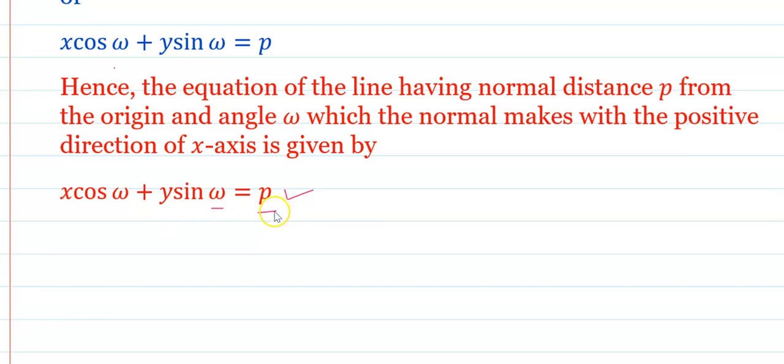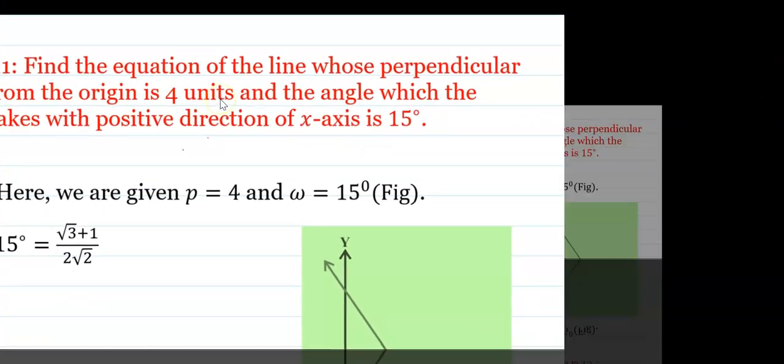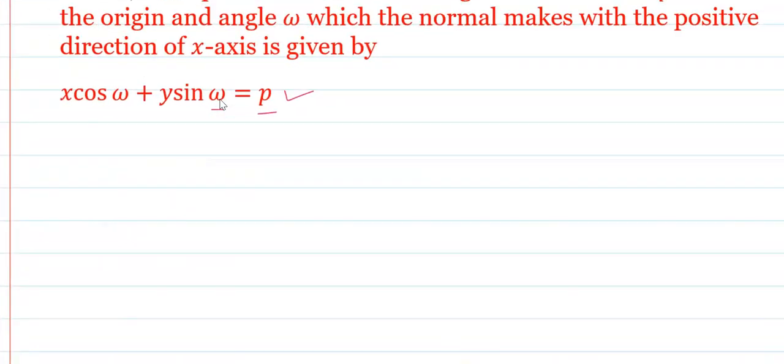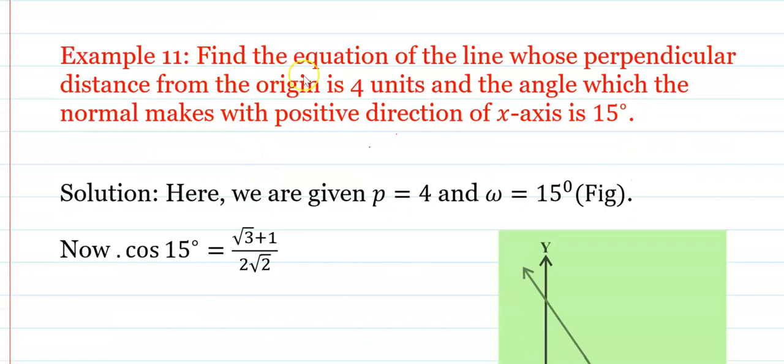Now the next example, example number 11. This example depends on the normal form x cos omega plus y sine omega is equal to p. Find the equation of the line whose perpendicular distance from the origin is 4 units and the angle which the normal makes with the positive direction of the x-axis is 15 degrees.